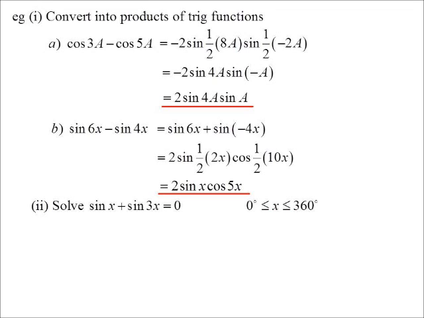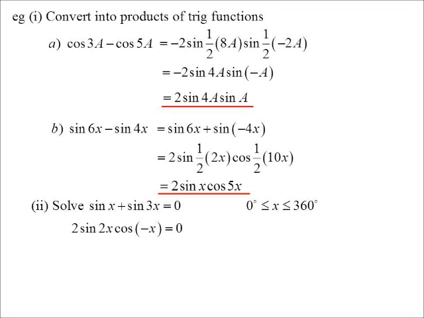Okay, so I had to solve this equation: sine x plus sine 3x equals 0. Now, sure, I could rewrite sine 3x in terms of x's and do it that way, but this is much more fun. I can turn this sum into a product, and it's a sine one, so it'll go 2 sine half sum cos half diff, and now I've got a product equaling 0.